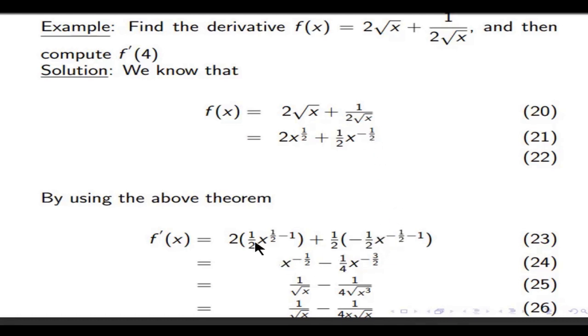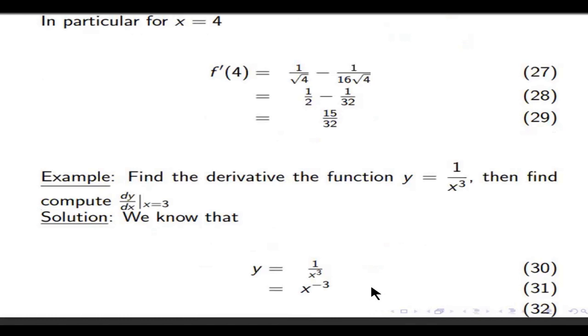Which is equal to, this multiplication gives 1, x to the power of 1 over 2 minus 1 over 4 x to the power of minus 3 over 4, which is equal to 1 over root x minus 1 over 4 root of x cube, which is equal to 1 over root x minus 1 over 4 times x root x.